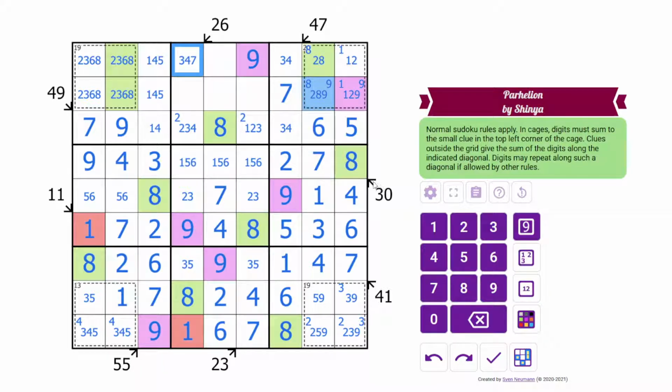Actually, that might be a line of thought. If that's a 3, that's a 2, that's a 3, that's a 5. We don't have any 2 values anywhere. That's the issue, okay.